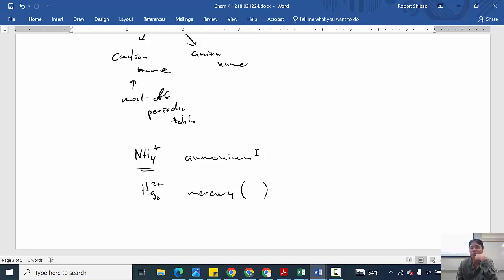Hg2 2 plus, is that mercury Roman numeral 1 or mercury Roman numeral 2? It's mercury 1. The Roman numeral comes from the charge on each mercury. And if I have 2 mercuries with a total positive charge of +2, that means each one must be +1. +1 adds up to +2. And so this is called the mercury 1 ion.